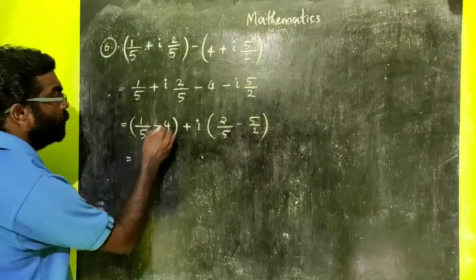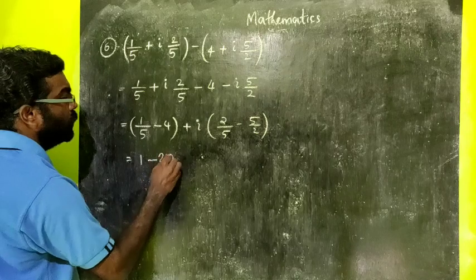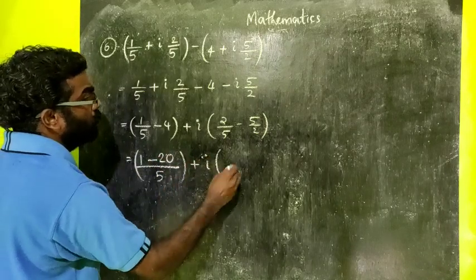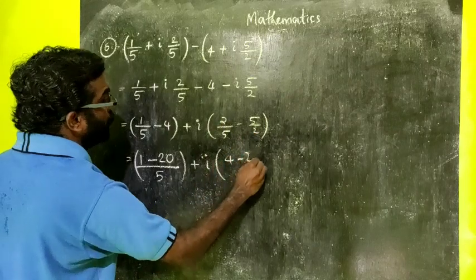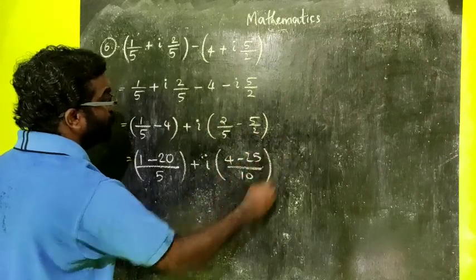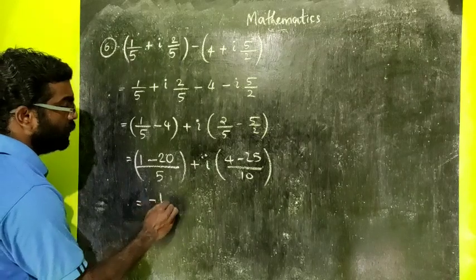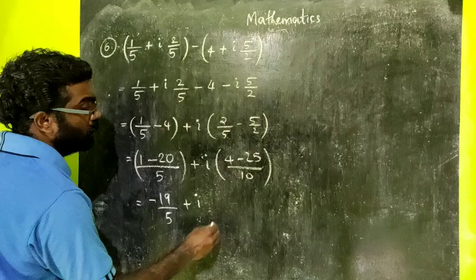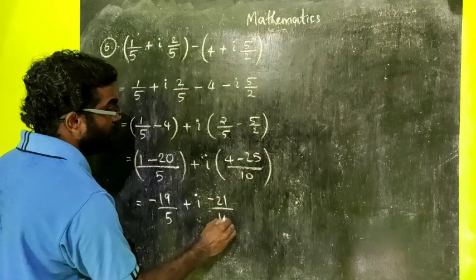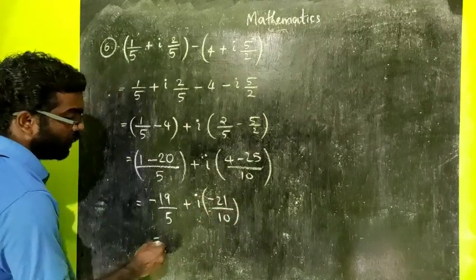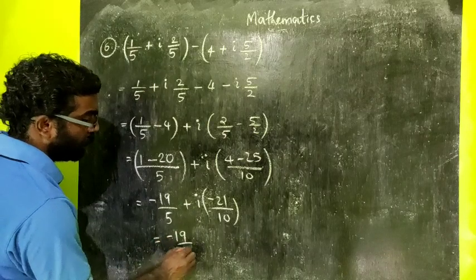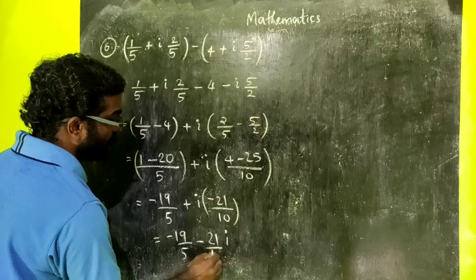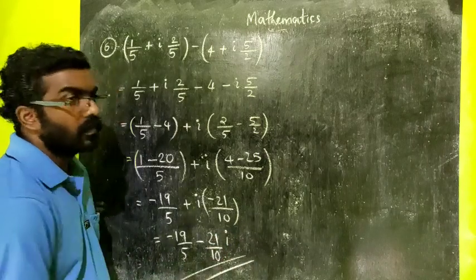Okay, here we can cross multiply, 1 minus 20 by 5, then plus i into 2 2s are 4, 4 minus 25 divided by 10. Or we can write minus 19 by 5, then plus i into minus 21 divided by 10, or we can write minus 19 by 5 minus 21i divided by 10. Okay.